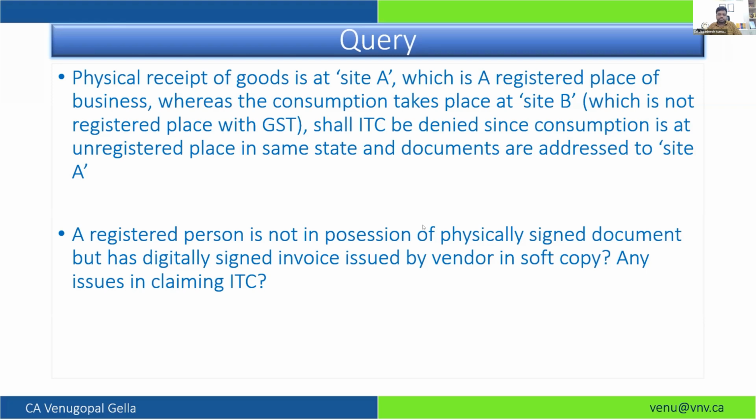Whether the tax invoice should be original, whether we can avail the ITC based on the soft copy. If we can avail the ITC, just put a comment in the chat box as S, on whether we can avail ITC on a duplicate invoice.